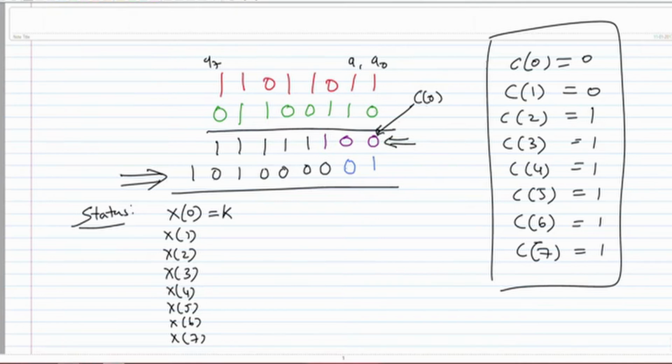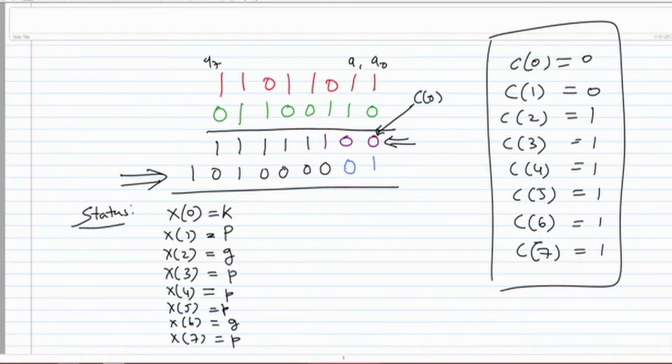So, what is x1? X1 is propagate, right, 1 and 0. What is x2? This is generate. X3 is propagate, sorry. x4 is propagate. So x3, x4, x5 are also propagate. x6 is generate. x7 is propagate.